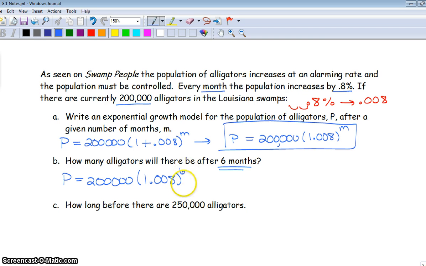Again, I don't expect you to know how to do this without a calculator, so you plug it in your calculator. You get 209,794.0603. Just like the fish, we can't have part of an alligator, so we're just going to round that to the nearest whole number and get 209,794 alligators.